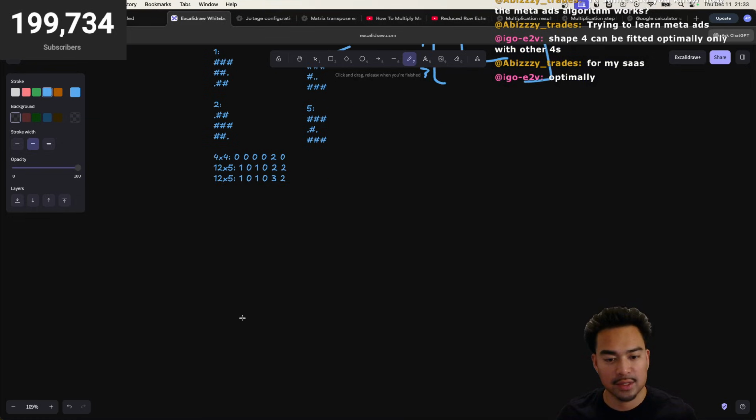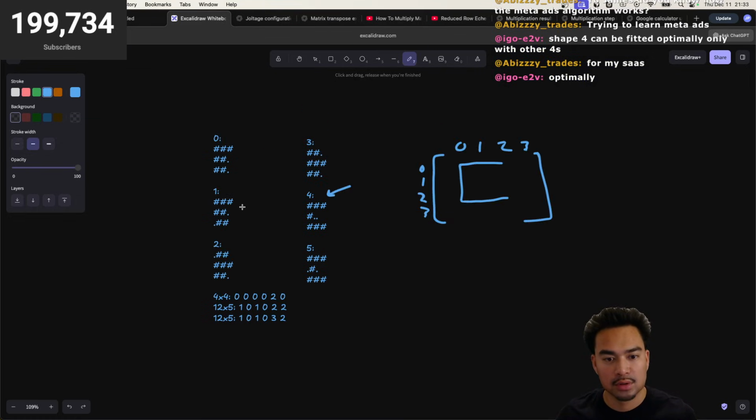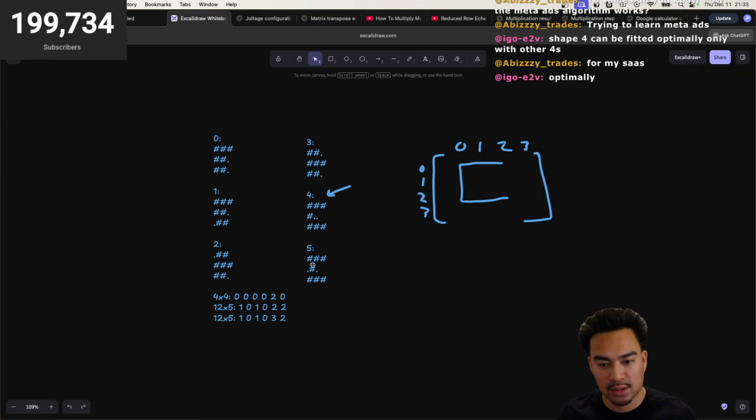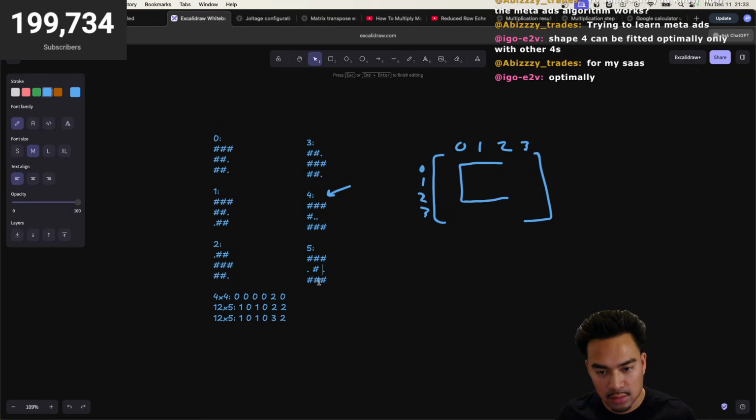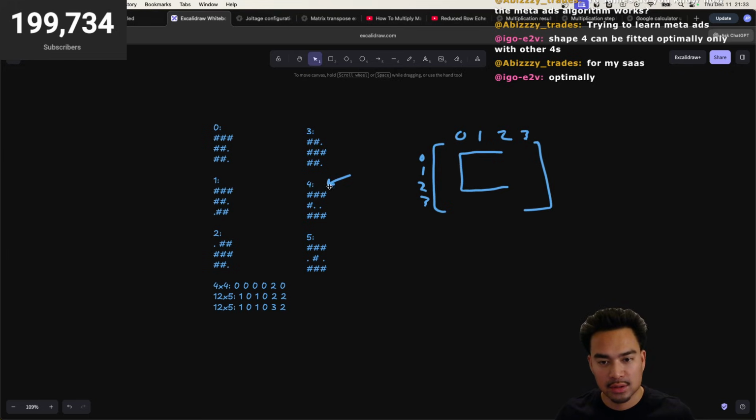If you have multiple 4s, it'll take up space. That's a good insight. So 4 could only be fit with 4 optimally.